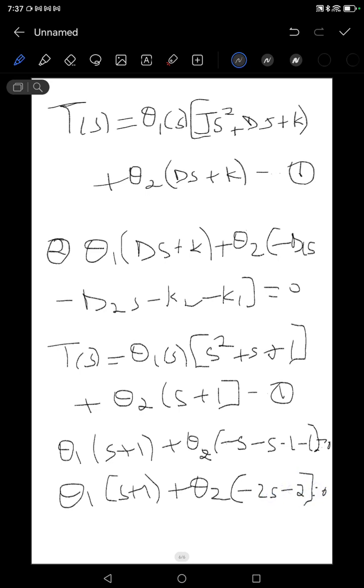And then now remember, we are looking for what? For theta 2 over T. So what we can do, we can use these two equations, first and the second equation.